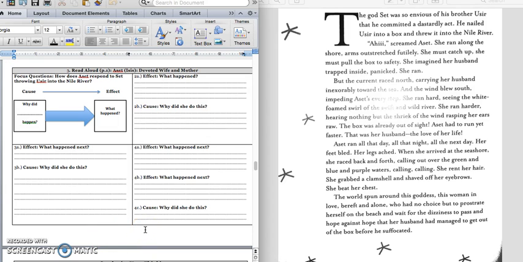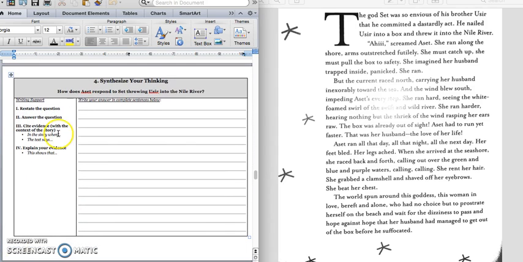Why does she do these things? Well, it doesn't come right out and tell us, but we can make an inference, right? She lost sight of the box. And now she's devastated because she believes she lost her husband. She believes her husband is dead. Press pause to write down your answer.